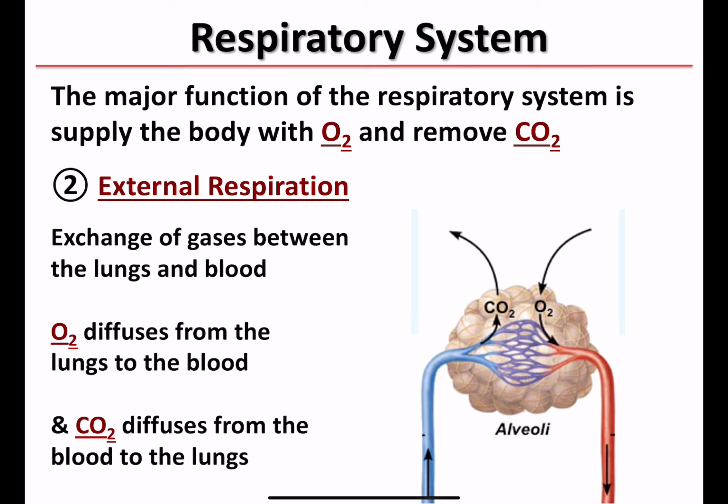And what's happening is we have the deoxygenated blood, as is symbolized by the blue blood, ultimately coming in from our pulmonary arteries and derivatives thereof, right? And that blue blood, which is deoxygenated, travels through these capillaries surrounding each and every one of these millions of little microscopic air sacs called alveoli.